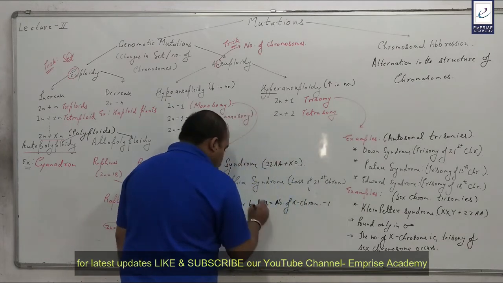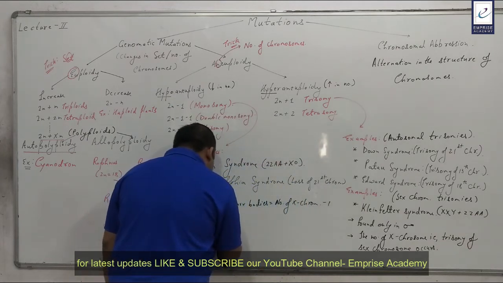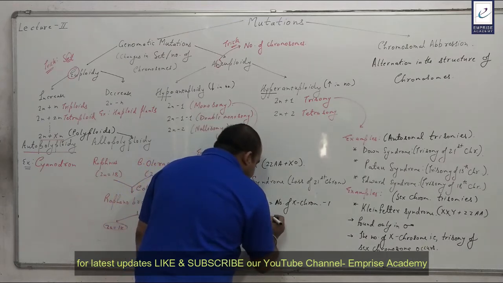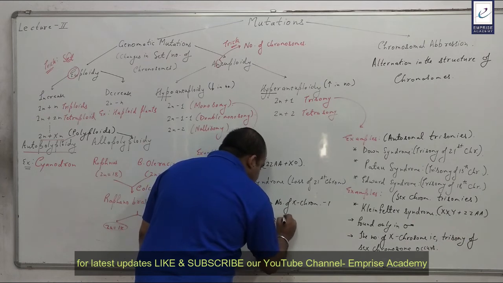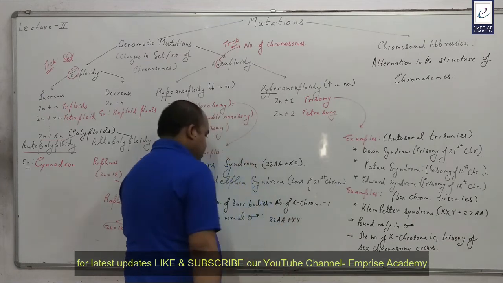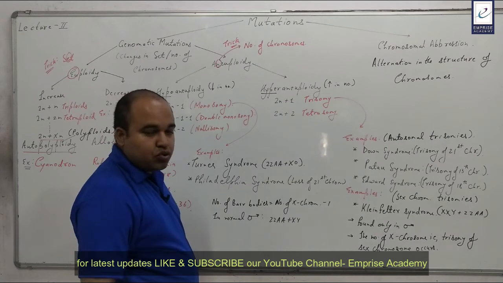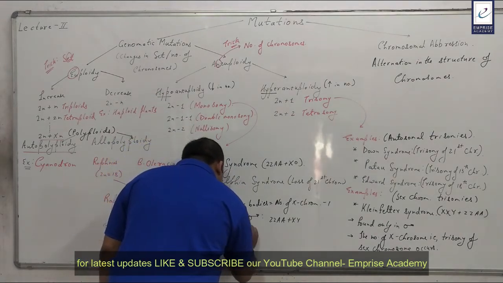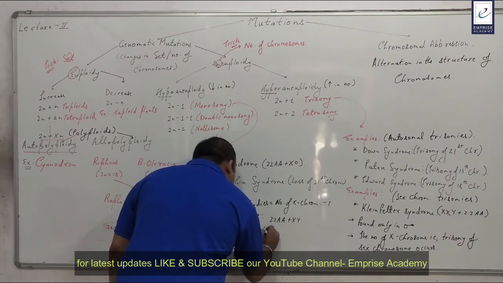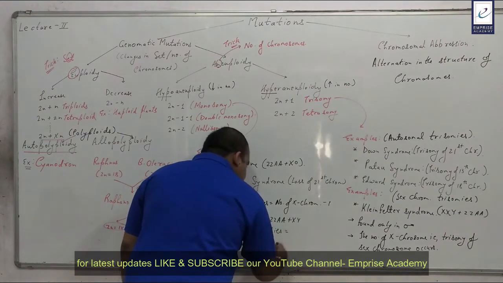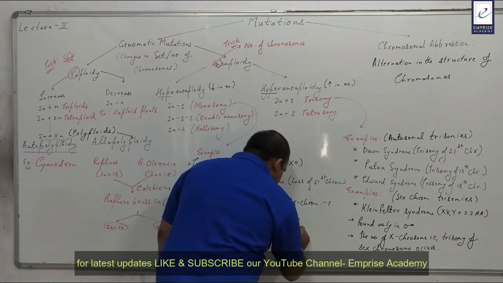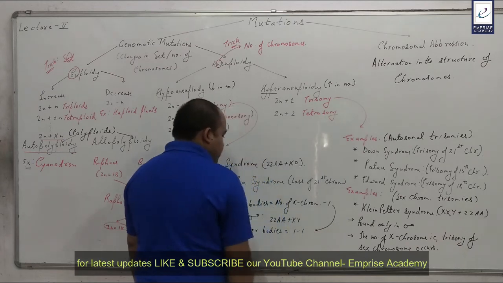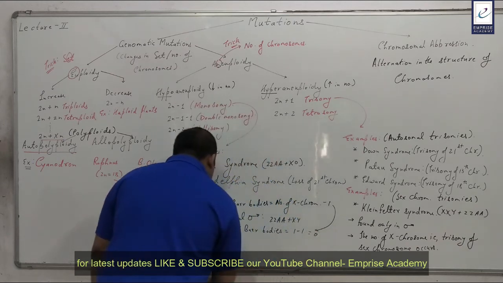In normal males, the genotype is 22 autosomes plus XY, so number of bar bodies equals 1 minus 1, number of X chromosome minus 1, equals 0.